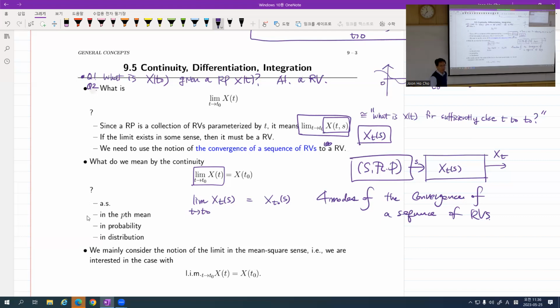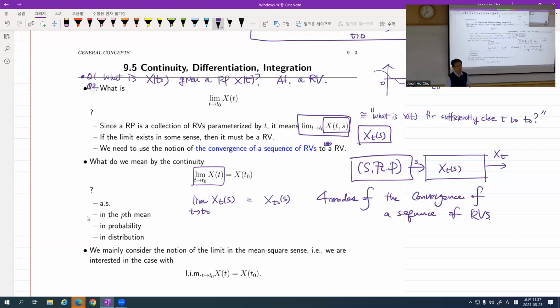Why? Because we really love the mean squared error metric. That's why we love mean square convergence and mean square calculus. However, that is not the only stochastic calculus. That's what you have to remember. But in many cases we really love mean squared error as our performance metric, and most of the time mean square calculus is enough.